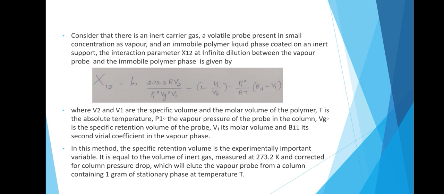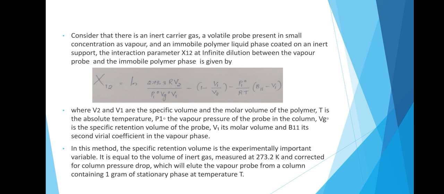That is, X12 is equal to ln(273.2 R V2 / (P1^0 Vg^0 V1)) minus (1 minus V1/V2) minus (P1^0/RT)(B11 minus V1). Here V1 and V2 are the specific volume and molar volume of the polymer.